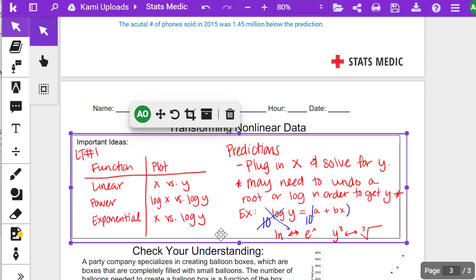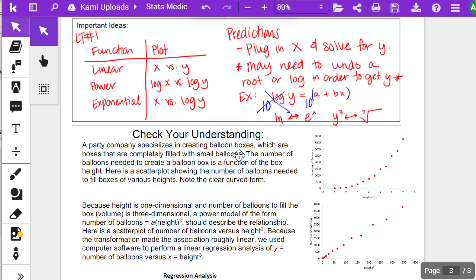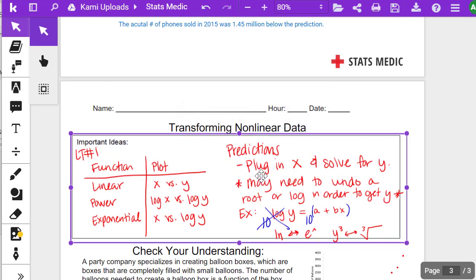So what did we just do? We did an exponential function, all right? And then, let's see, we have the predictions: plug in x and solve for y. You may need to undo a root or a log in order to get your y value.